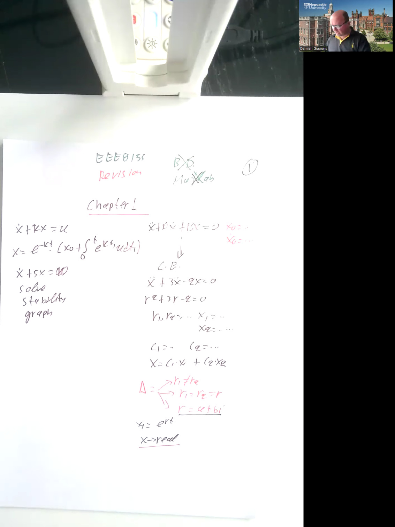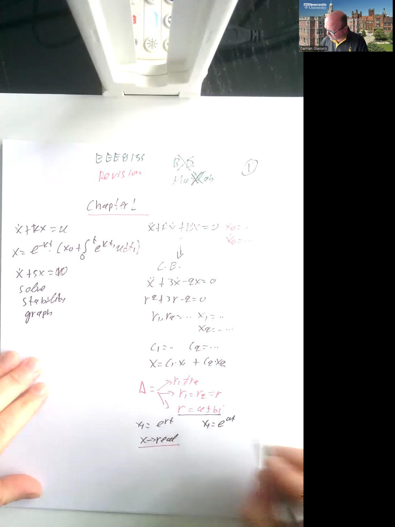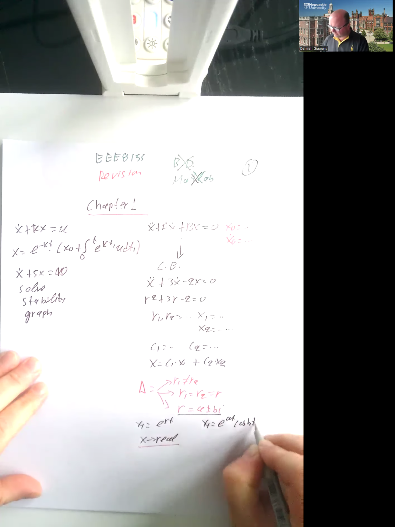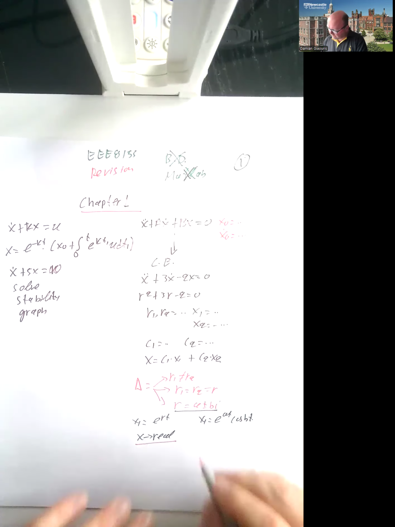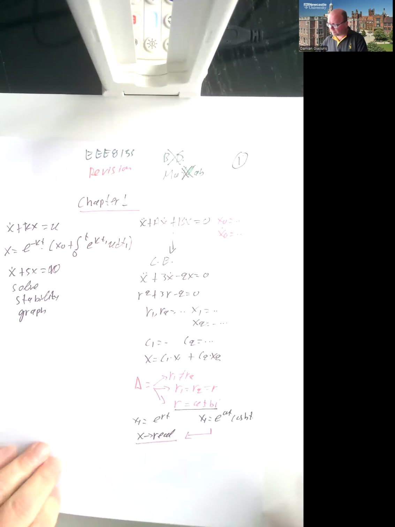And the other case, where effectively x1 will be nothing more but e to the at times cos of bt. Once again, at the end, x will be real. You can use whichever method you want, unless it is specifically mentioned in the exam question, for example, use complex exponentials. So this is a very brief summary of our first chapter.